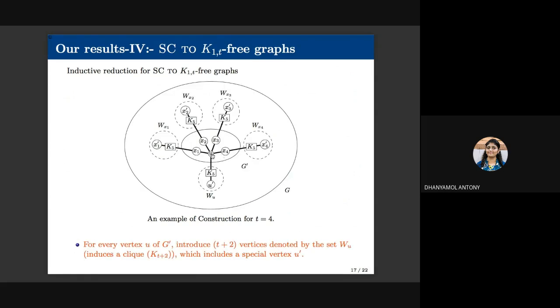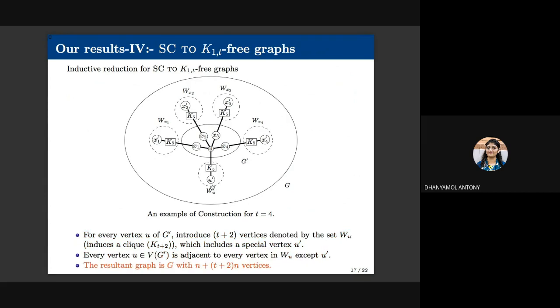For every vertex U in G prime, introduce T+2 vertices, which form a K(T+2), and out of these T+2 vertices, T+1 vertices are adjacent to U and one vertex is non-adjacent to U. For example, if T equal to 4, a K6 is introduced, which is represented using this set WU, and out of these 6 vertices, a K5 is adjacent to U and one vertex is non-adjacent to U. And this resultant graph is G with (T+2) into N plus N vertices. So it is a linear reduction.